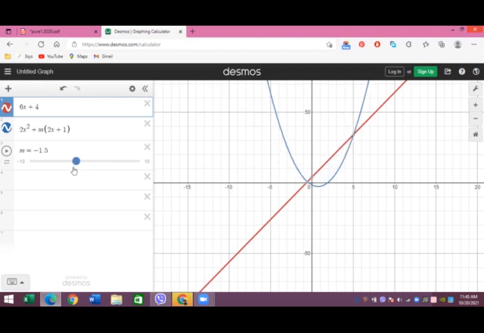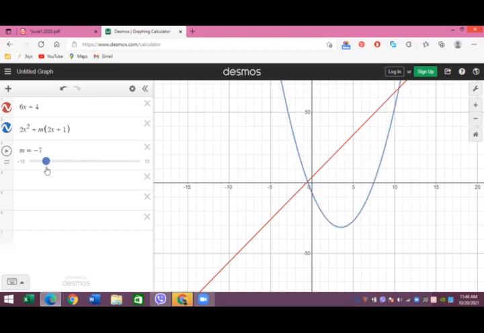Here also you can see that for m equals negative 1.5 the curve and the line intersect at two different points. And also let's go back further, you'll see the same situation over here. Alright, and therefore you can say that the line and this curve intersect at two different points for any value of m. That means for all real values of m, and hence this is proved graphically as well.